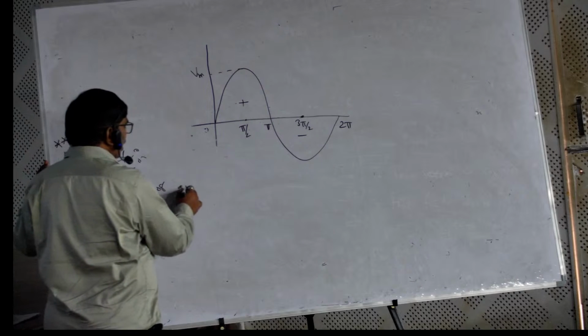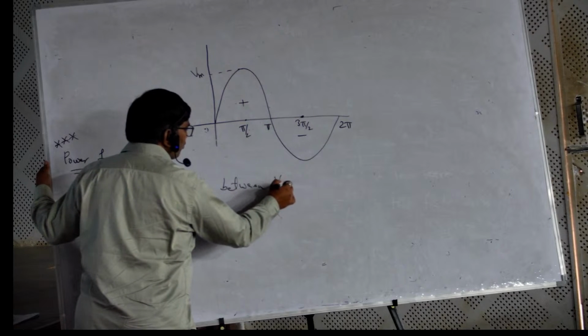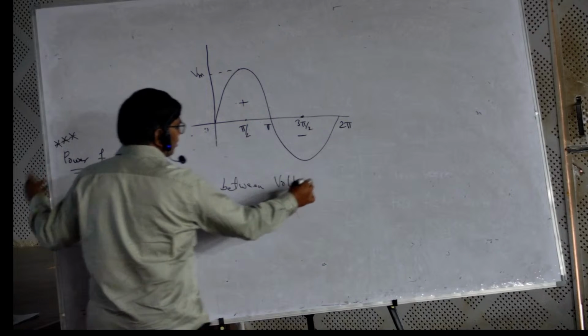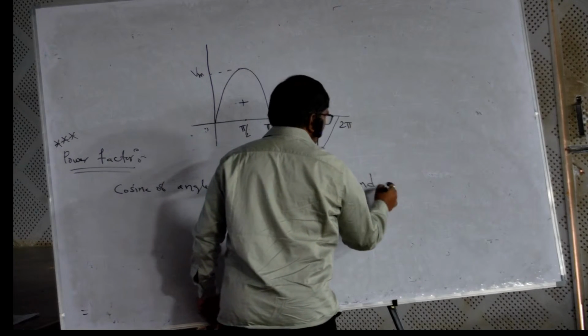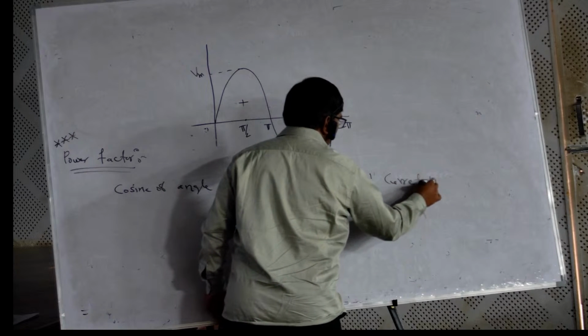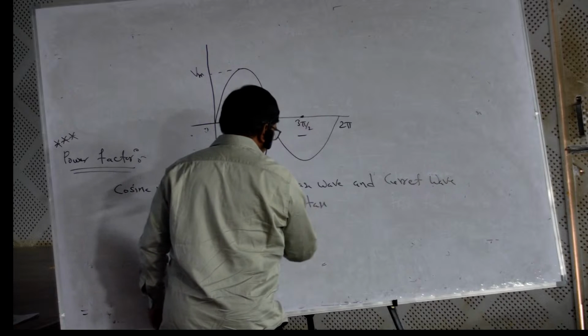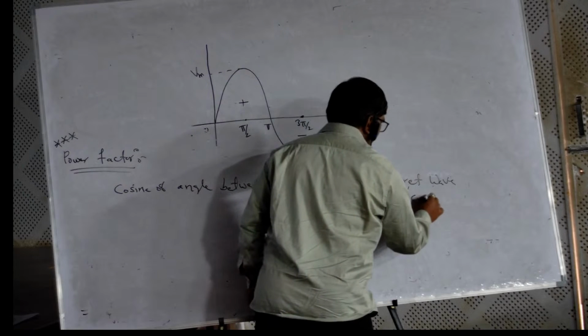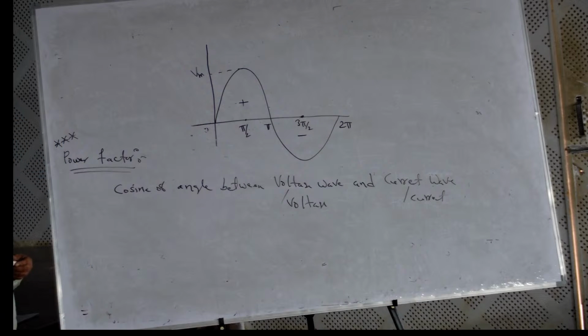Cosine of the angle between the voltage wave, or voltage quantity, and the current wave, or current. What is the meaning of power factor? Power factor can be defined as the cosine of the angle between voltage and current, the cosine of the angle between current and voltage.